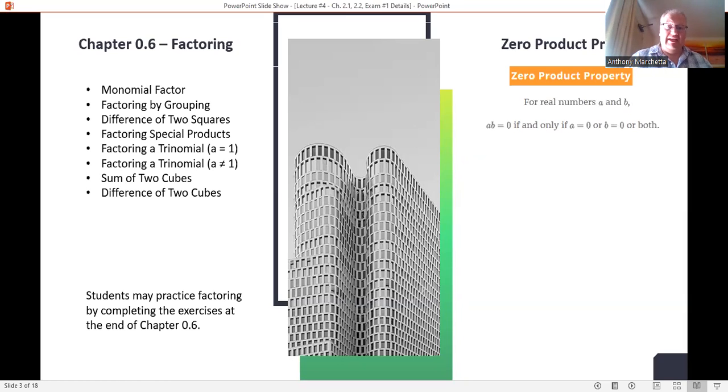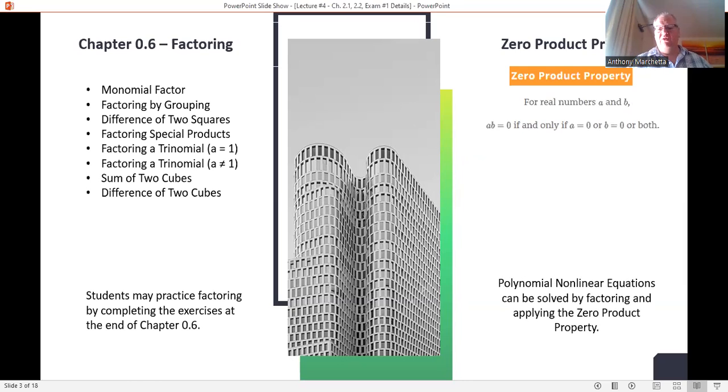They lean on that a lot in quantitative analysis because the time when your profit equals 0 is the time when you have a break even. So making it equal 0 keeps on coming back to haunt us. So just remember, polynomial nonlinear equations can be solved with factoring if you factor them first and then apply the zero property. That's the old school algebraic approach of how to solve nonlinear equations.